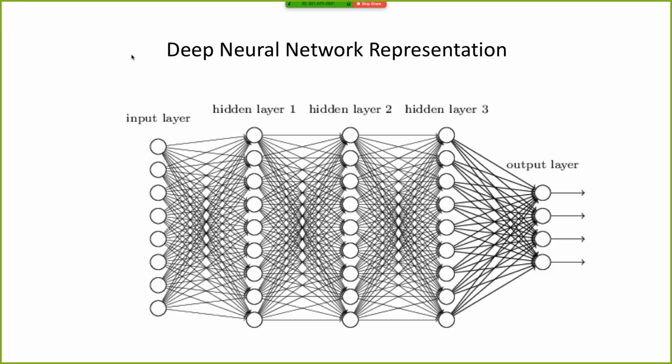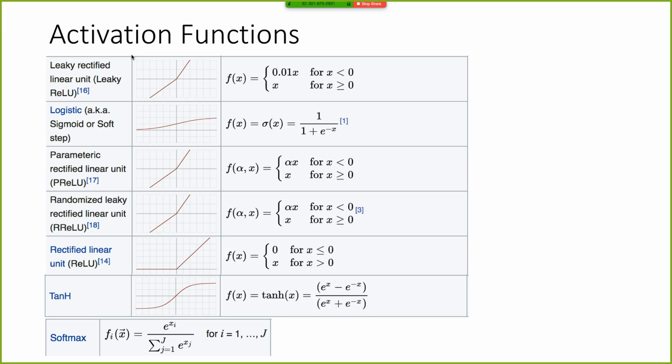And for the activation function, there are different activation functions, and it is an area of active research. Every now and then there are new activation functions. A couple of years ago, sigmoid and softmax were very common. Then came ReLU, then came flavors of ReLU.